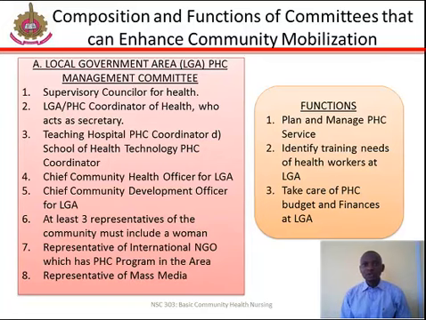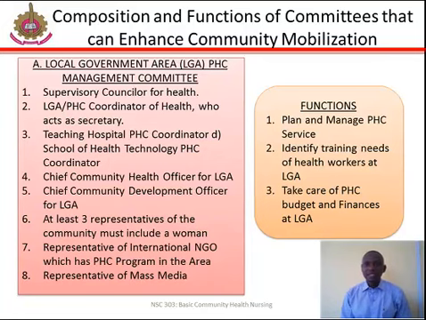It consists of a supervisory council for health, the local government coordinator of health who acts as the secretary, the teaching hospital primary health care coordinator, and then the school of health technology primary health care coordinator, the chief community health officer for the local government area, the chief community development officer for the local government area, and at least 3 representatives of the community, which must include at least a woman.